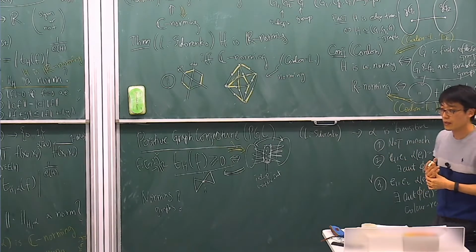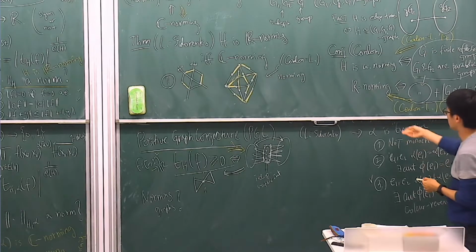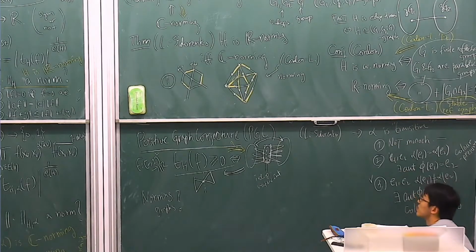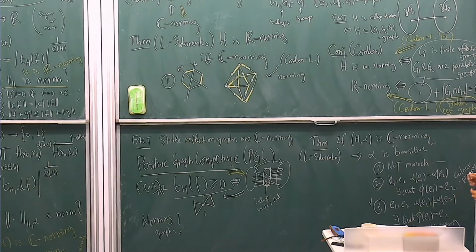I think I don't understand the statement of that theorem correctly. So you say whenever H alpha is C norming, alpha will be non-monochromatic, because you also said that the alpha doesn't matter if we are R norming. So we could take a monochromatic alpha, so this cannot be true.